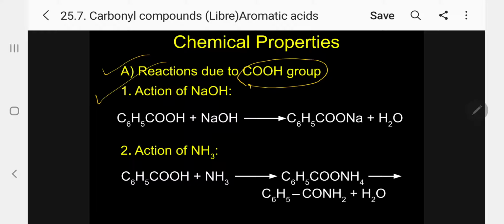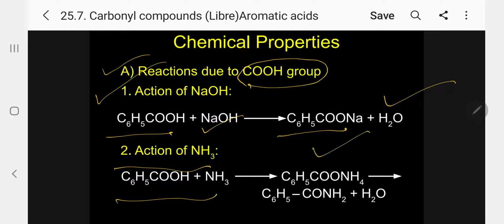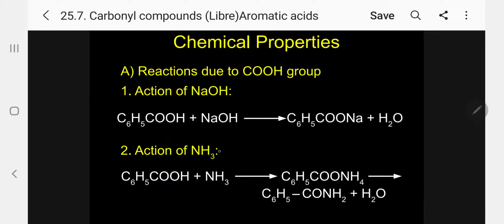First one, action of sodium hydroxide. Any base reacts with an acid, giving sodium benzoate and water. The same way, action of ammonia gives ammonium benzoate, and on action of heat further, benzamide and water are formed. Kindly follow. So this is the second, action of ammonia.